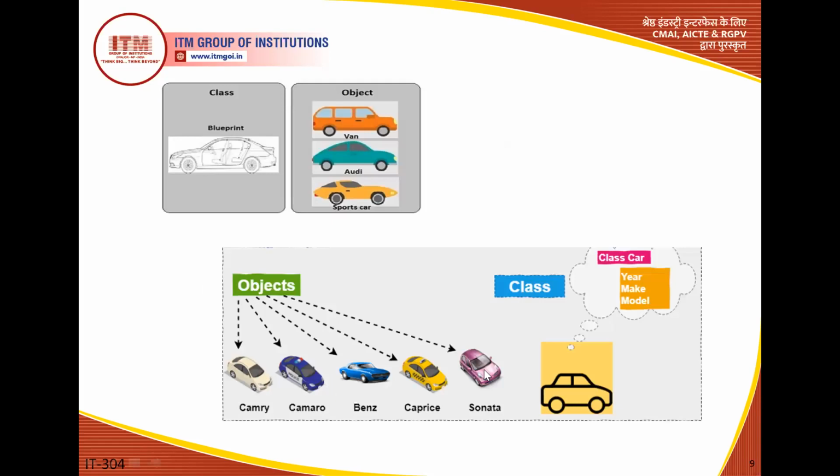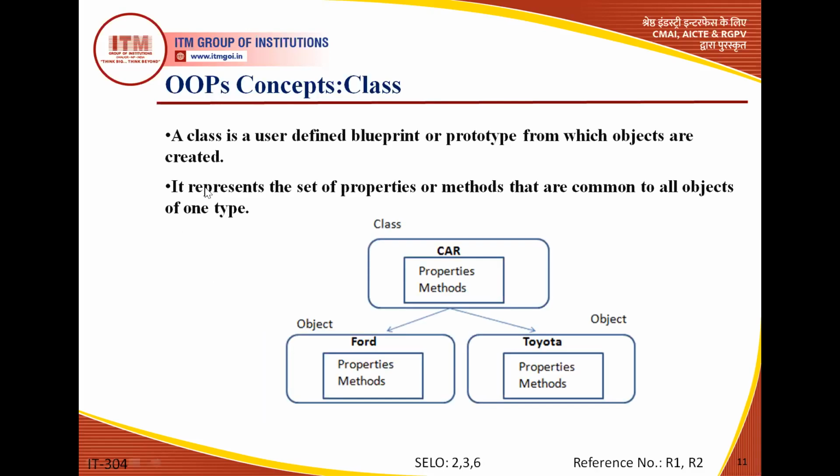These are the objects of a class car, but you need to remember that all these are cars in themselves. So this is what I'm trying to say here. It represents the set of properties or methods that are common to all objects of one type.